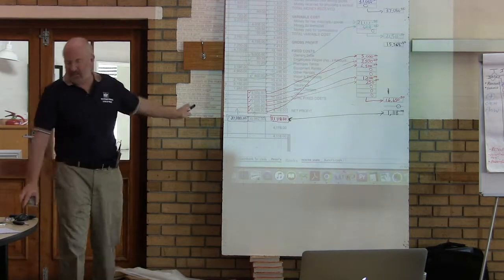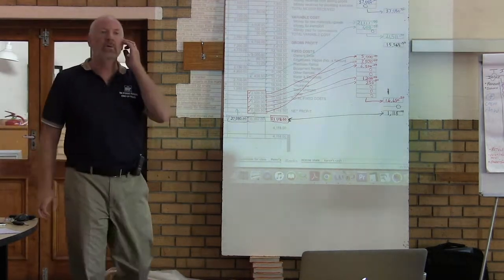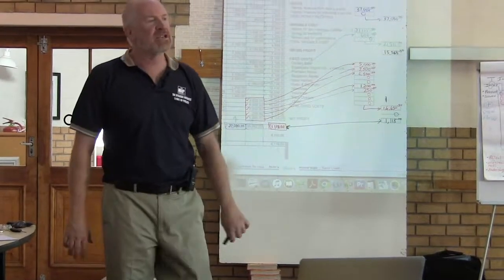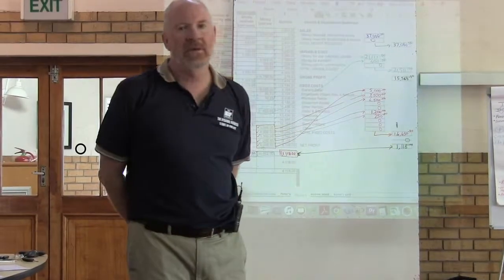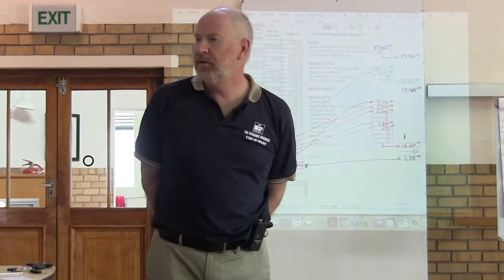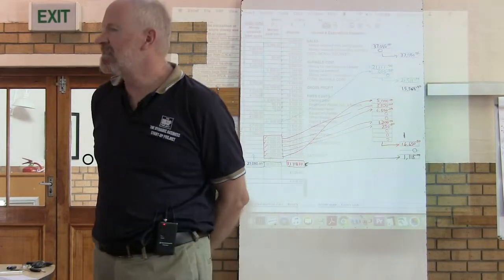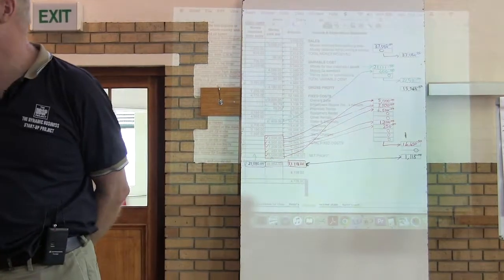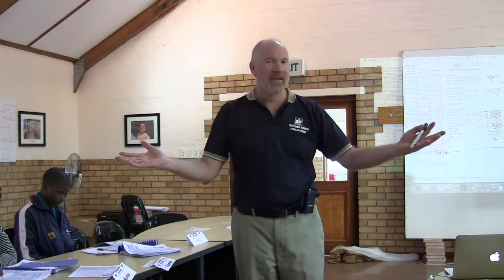So what is the most difficult thing that you have to do with an income and expenditure statement? Just to make sure that the right amount is at the right slot. The right amount is at the right slot, exactly. And what does the right amount at the right slot depend on? How accurate is your cash book.